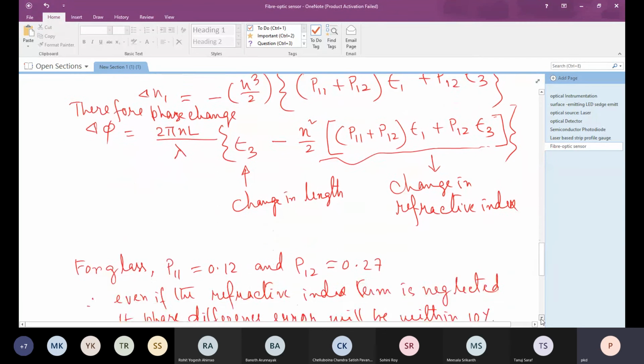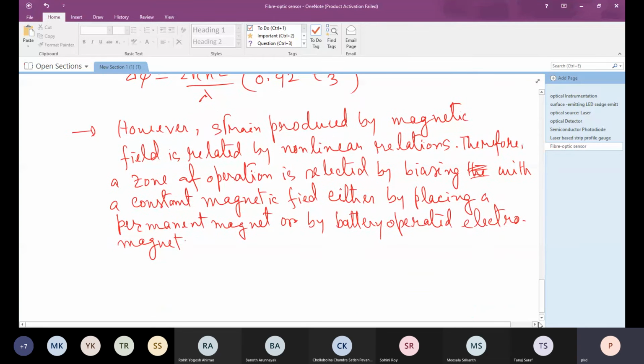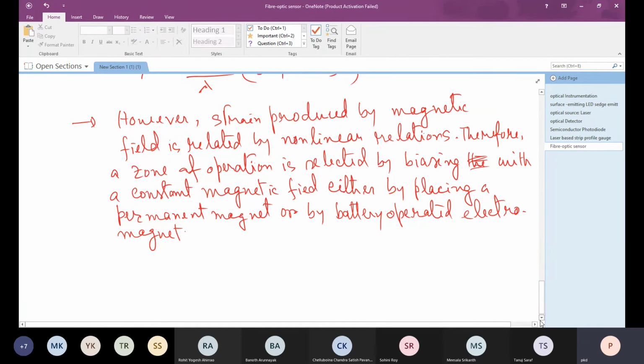If we want to enhance it, we can put a coil to direct the magnetic field, which can be used for current measurement as well.